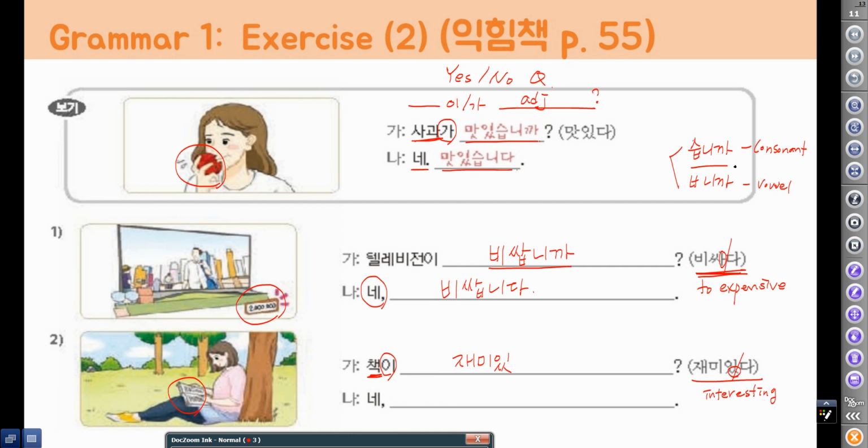So 재미있습니까? 네. Yes, it's interesting. 재미있습니다. Let's listen and repeat. 텔레비전이 비쌉니까? 네, 비쌉니다. Number two. 책이 재밌습니까? 네, 재밌습니다.